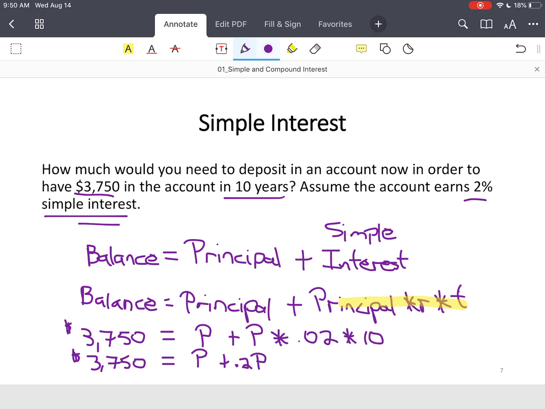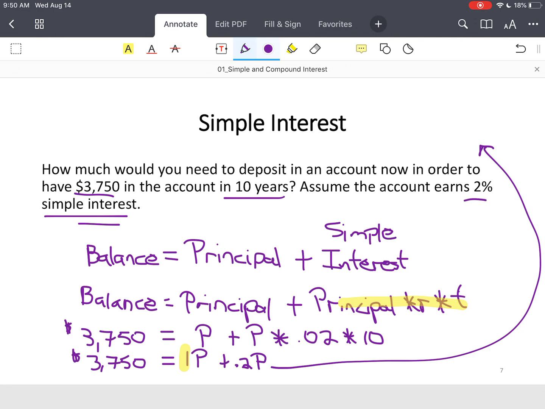Now again, we've got everything we need. It's just a little bit of algebra. Understood, there's a 1 in front of P. So 1P plus 0.2P, those are what you call like terms.